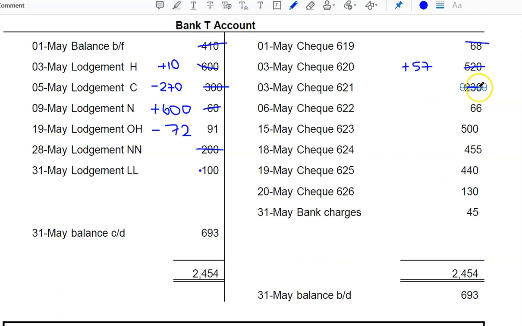We recorded 230, so we need to record 100 more. So the bank statement was 330, which is correct.